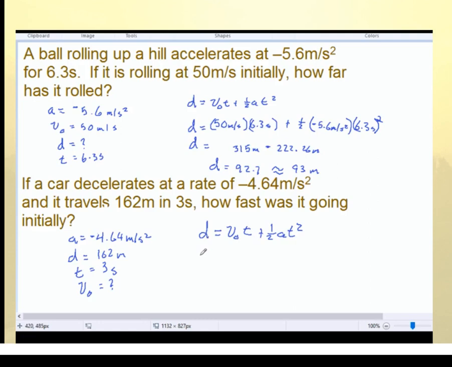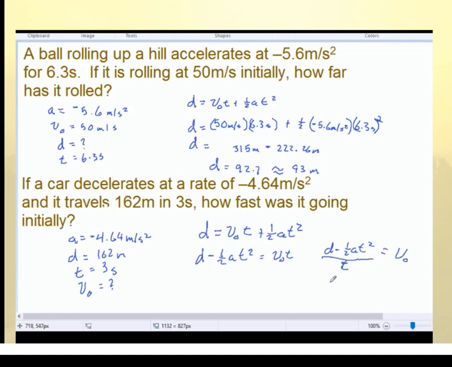So what I'm going to do here is I'm going to say d minus 1/2 a t squared equals vi t. Then I'm going to divide both sides by t, so I'm going to get d minus 1/2 a t squared divided by t equals vi.